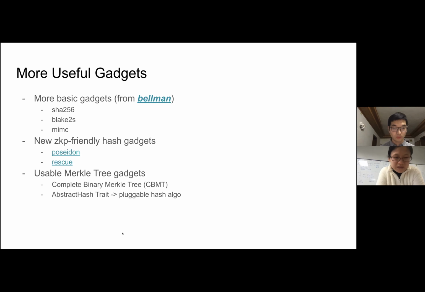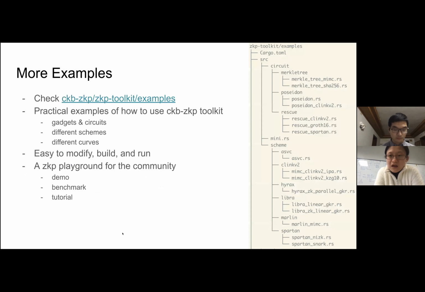We also did some optimization to our interface. In Milestone 2 we also added a lot of examples into the repo. Here you can see, we just want to show how the toolkit can be used. For every scheme, we include at least one example.